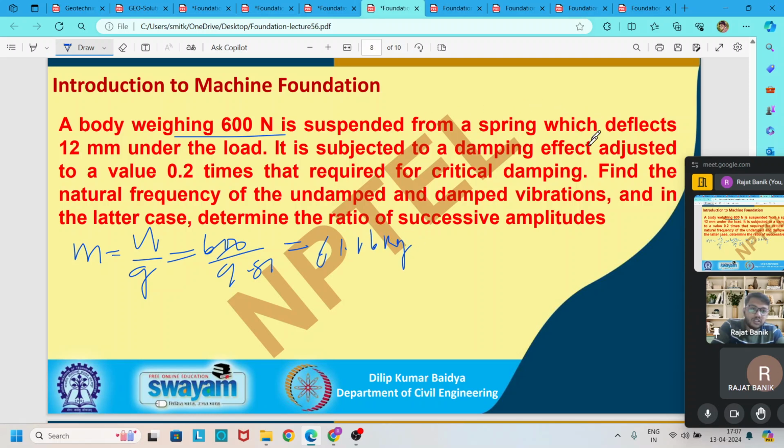Then we find the spring stiffness K, which is equal to W, the force applied, divided by delta. Delta is here 12 mm. So W is 600, and delta is 12 mm, so convert it to meters, which is equal to 600 divided by 10 to the power minus 3 divided by 12.